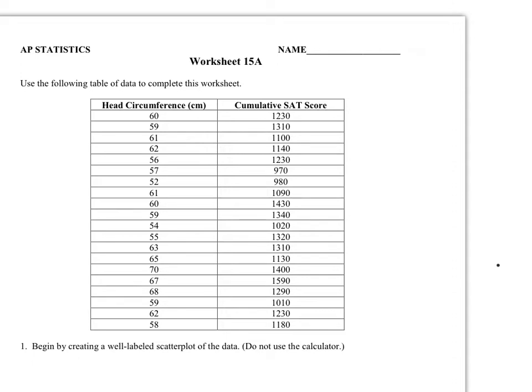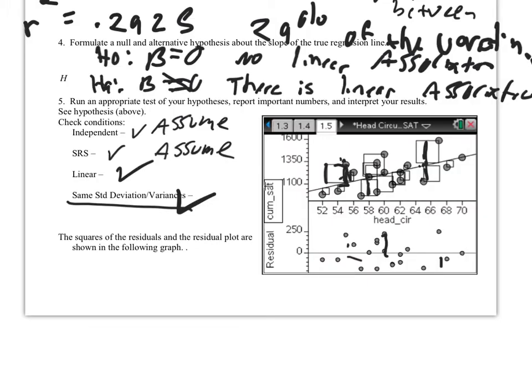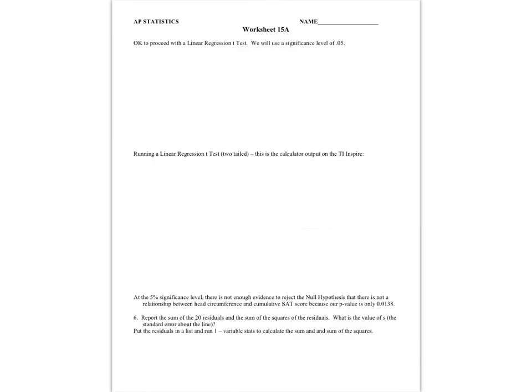Okay, I'm going to my calculator now. I got it. This is where he wanted us to do the two-tail. Give me that T value again. T value? Yep. It's 2.7276.